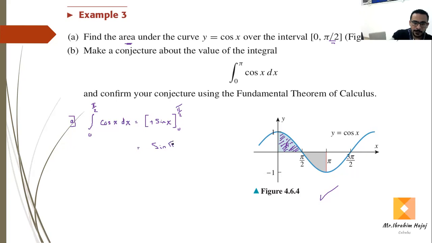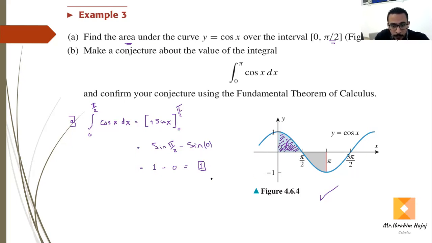Find first sine pi over 2 minus sine 0. Sine 90 is 1, minus sine 0 which is 0. So your answer is 1. So the area under the curve cosine x between 0 and pi over 2 is 1. This shaded region is 1.